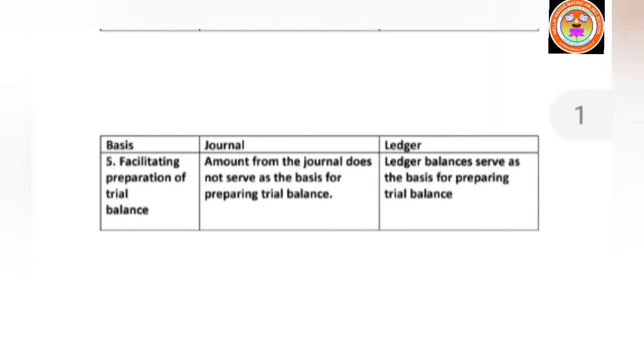Facilitating preparation of trial balance. Amounts from the journal do not serve as a basis for preparing trial balance. Ledger balances serve as the basis for preparing trial balance.